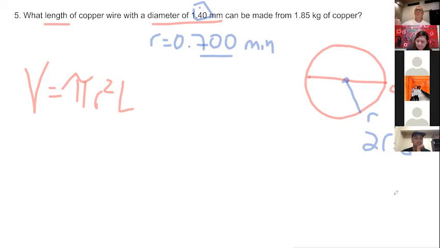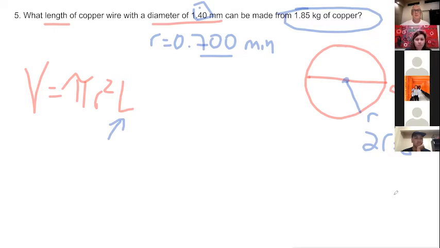So what do we do with this bit of information? We seem to be missing something. Because basically we need to calculate a volume in order to get a length, but we can't calculate a volume with the information we have here, can we?